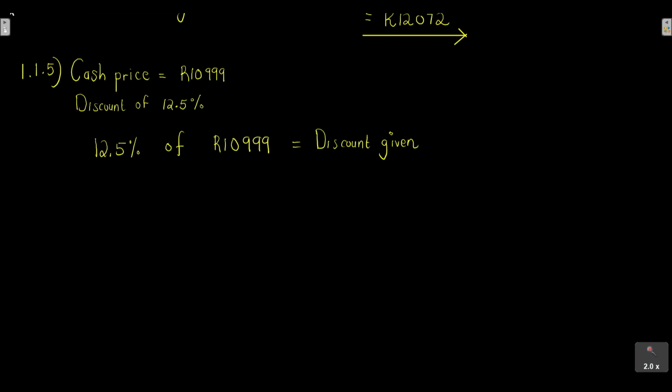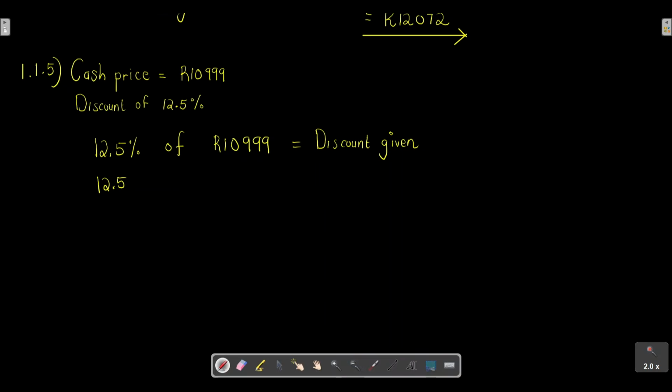From here, it's very easy. All that we need to do now is make this a mathematical equation. When we talk about 12.5%, that is the same as saying 12.5 divided by 100. When you see a percentage, it basically means that we're dividing by 100.